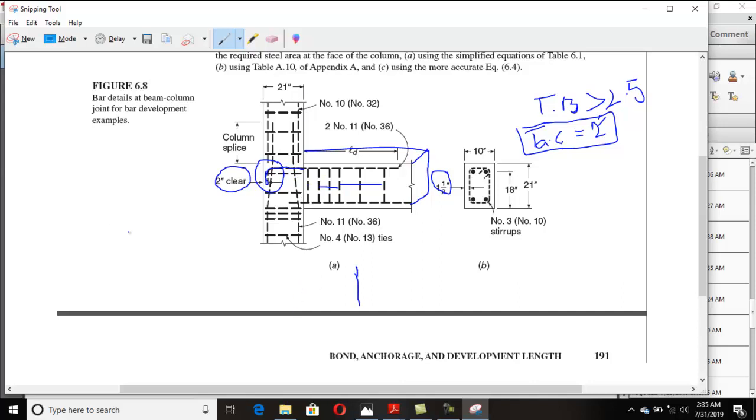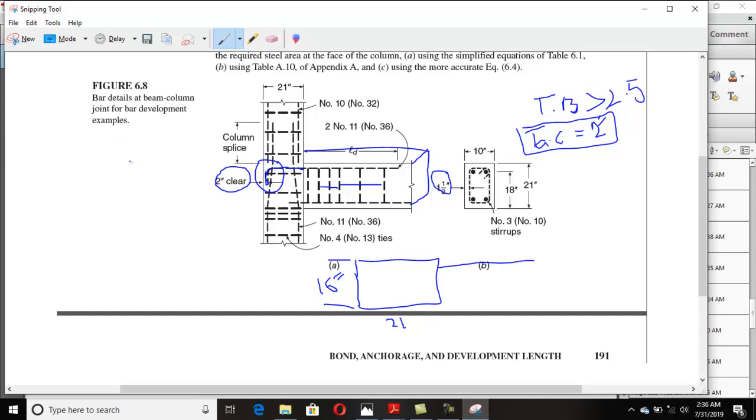This is 16 inch, and this is 21 inches. So this side is 21 inches and this side is 16 inch, I think. This is 16 inch, but the beam width is 10 inches.